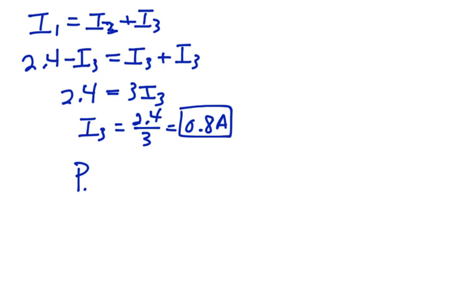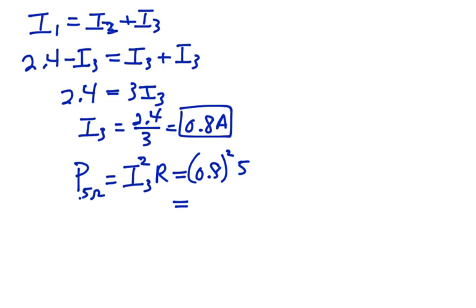The power then in that 5 ohm resistor is I3 squared times the resistance, 0.8 amps squared times 5 ohms, and that is 3.2 watts. So this is an alternate way of solving the same problem, this one using Kirchhoff's voltage rule, and we came up with the same answer, 3.2 watts.